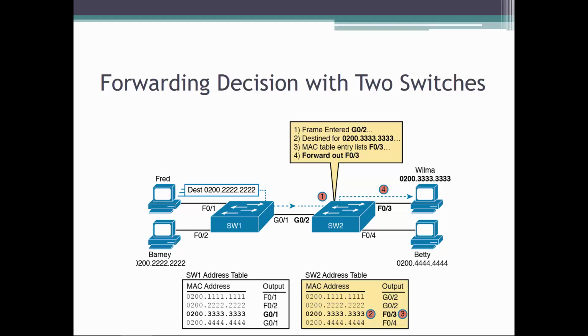That way it will know that if it receives the MAC address that resides on switch 2 to forward out that interface, that way switch 2 can get it, and switch 2 will then filter it to the appropriate interface.